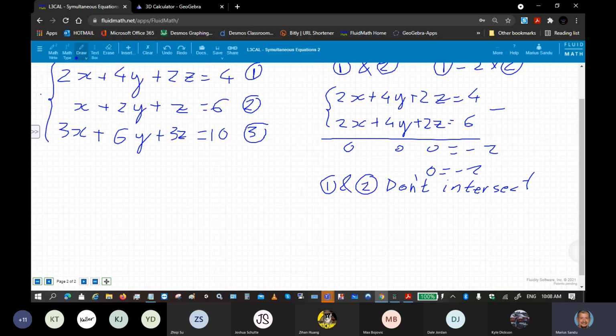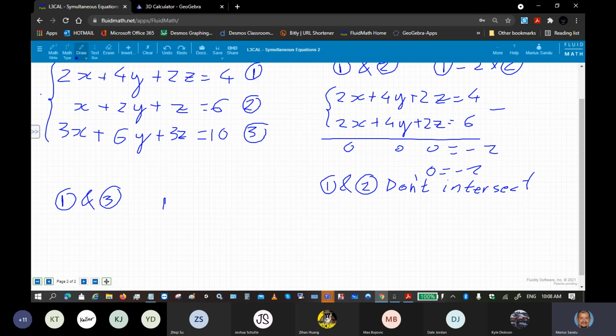The next one, I'll take 1 and 3. How can I make the coefficients equal? I look at the coefficients of x, and the lowest common multiple of 2 and 3 is 6.